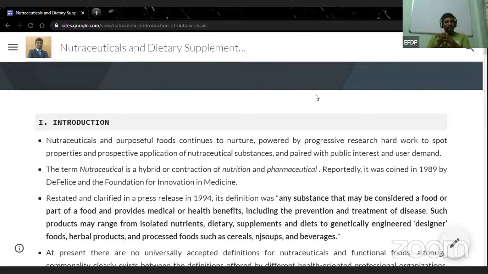So when we think about the nutraceutical, I think you are eating or drinking Bournvita, Horlicks. These are known as supplements. Then many times you can see in advertisements, mainly biscuits with fiber.